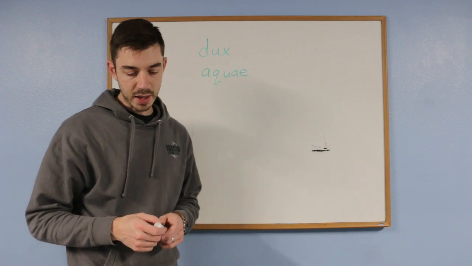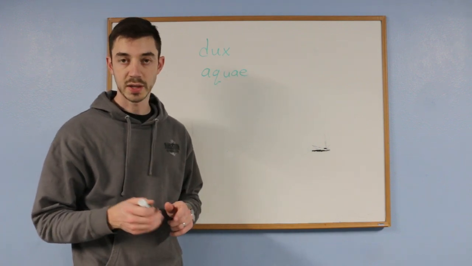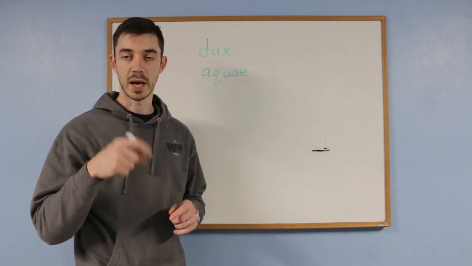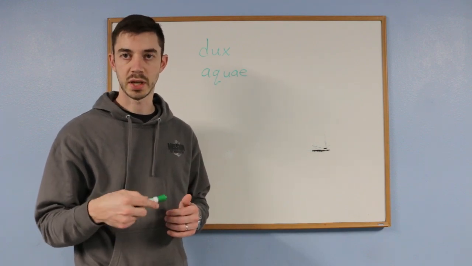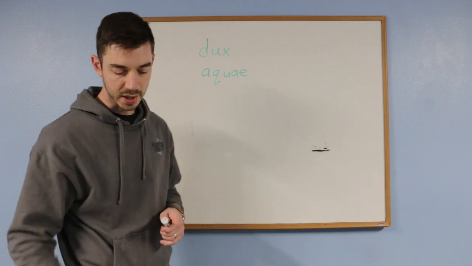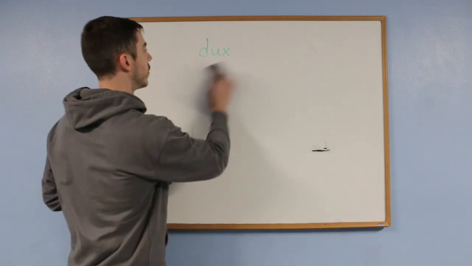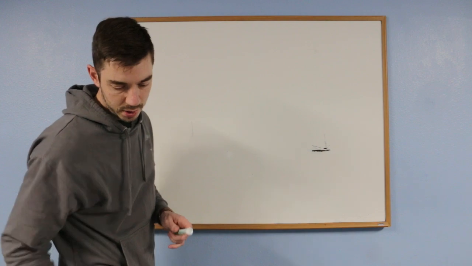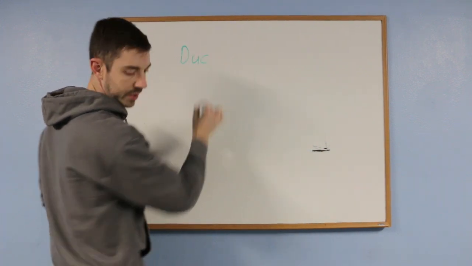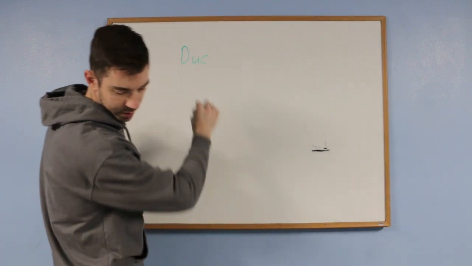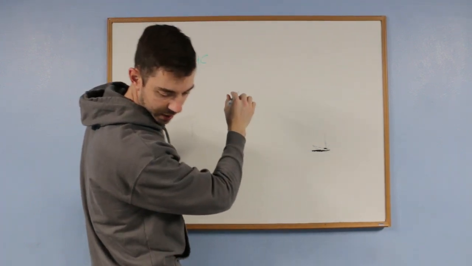And then next what we're going to do is practice putting the correct nominative ending on. So we're going to practice, whether it's singular or plural, putting the correct ending on. So the first sentence they have here is duc blank, and this kind of gives it away a little bit, but that's okay.